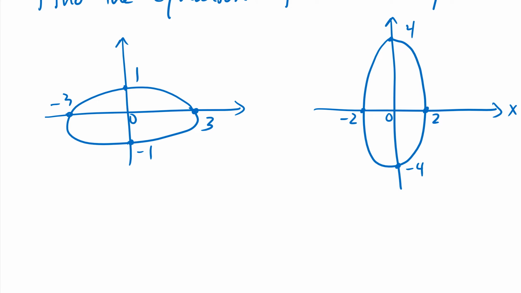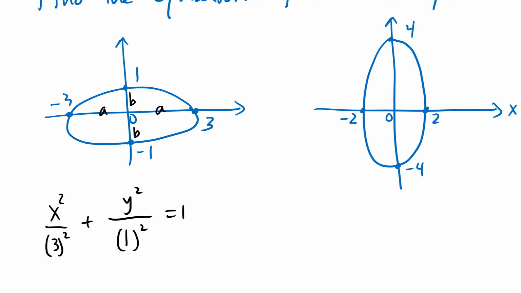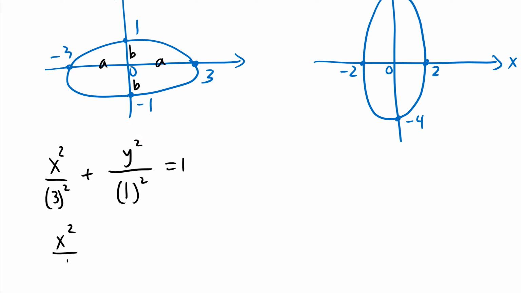It's horizontal, so it's x squared over a squared. A here is this, which is 3 units. B is this, which is 1 unit. So that gives us x squared over 9 plus y squared over 1 equals 1.